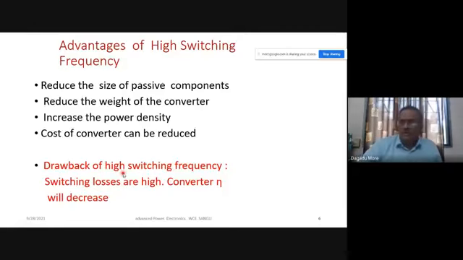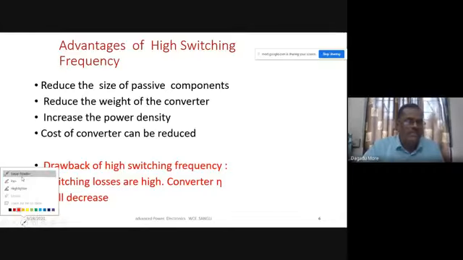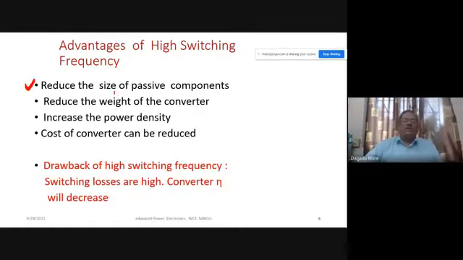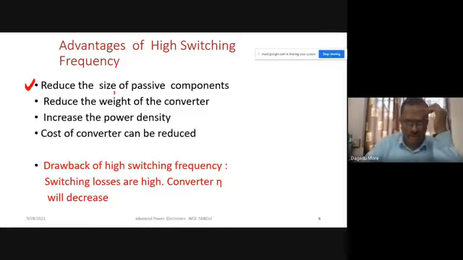So here we are discussing why we operate any converter, meaning any DC to DC converter, particularly at high switching frequency. What are the advantages? The first advantage we have discussed is the size of passive components. In a DC to DC converter, we have two major passive components, inductors and capacitors.